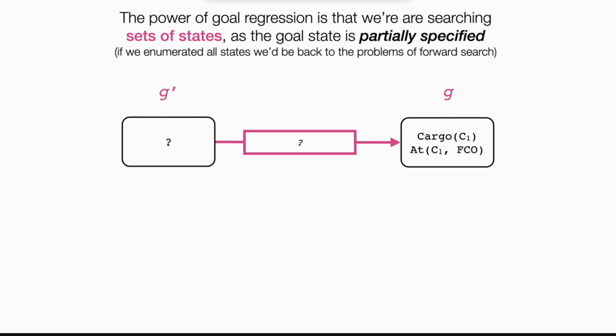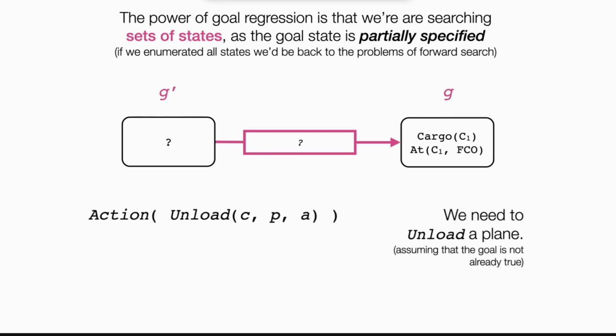So here's a quick example. The goal state is that we've got this cargo item C1, and we want C1 to be at airport FCO. If that wasn't already true, the way we achieve that is by performing an action, which is to unload a package.